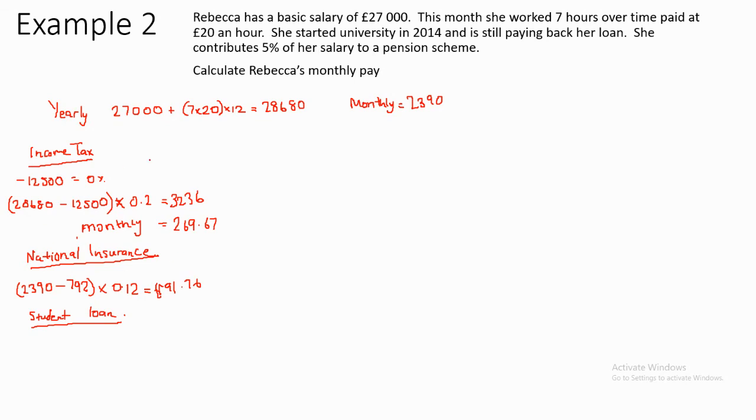Okay, and her yearly salary here is 28,680. 28,680 minus 21,000 is the amount that she's paying the percentage on, and that would be 9% in this case. £691.20, and that's yearly, and we want monthly. £57.60.